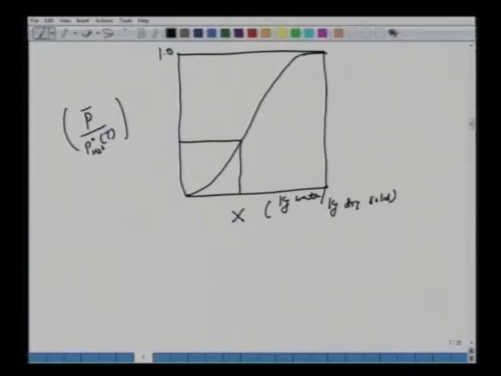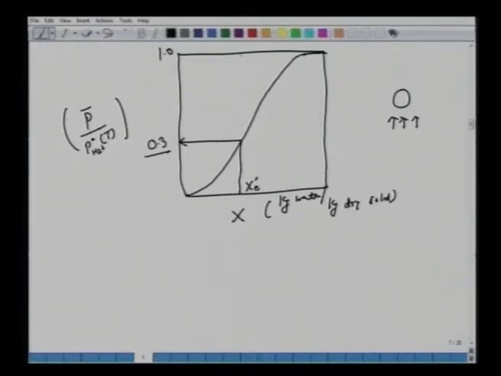We reach corresponding air values. Let's say 0.3 corresponds to the quality of air which has been used to dry this. Corresponding to this we have X star or Xe.